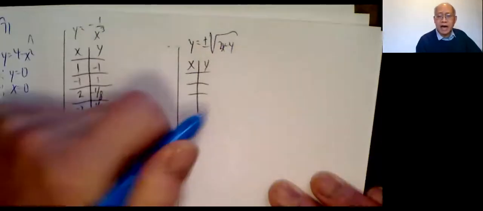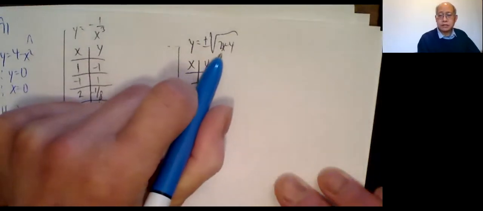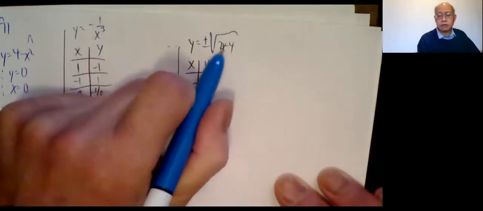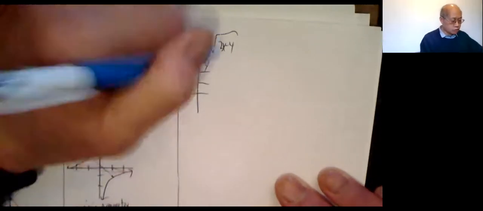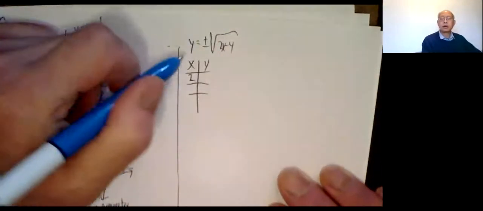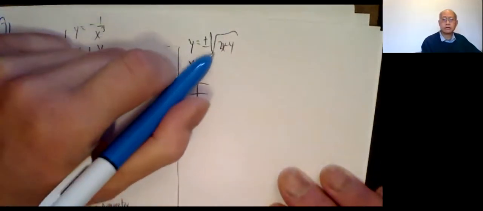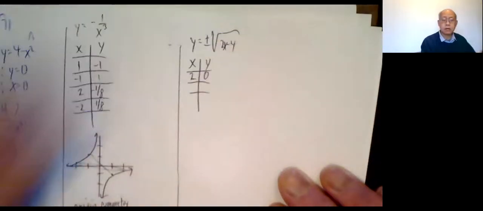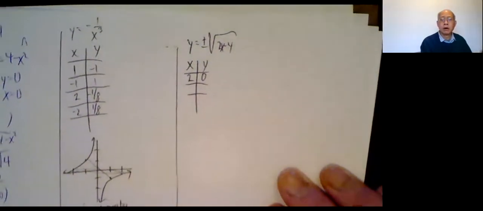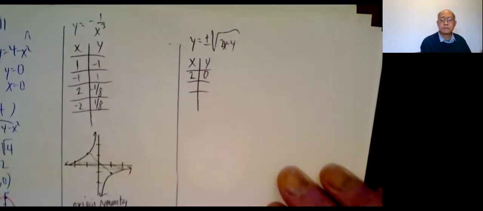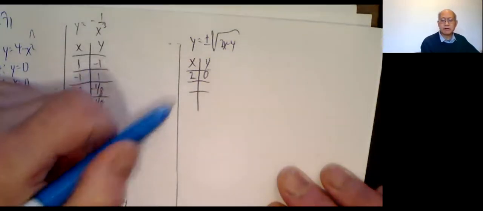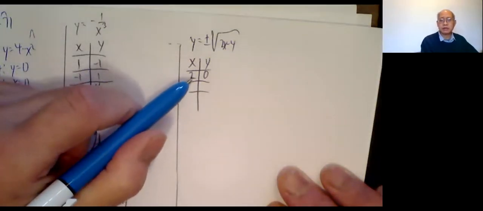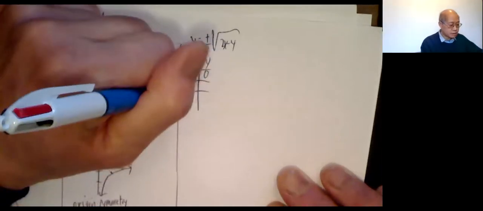Let's see. I'm not allowed to plug in 0 for x and get a real number. I'm not allowed to plug in 1. I can plug in 2. What happens when I plug in 2? 0. Right? Now, I mean, it might be kind of hard to come up with quote-unquote nice numbers. How about I'll plug in 10?